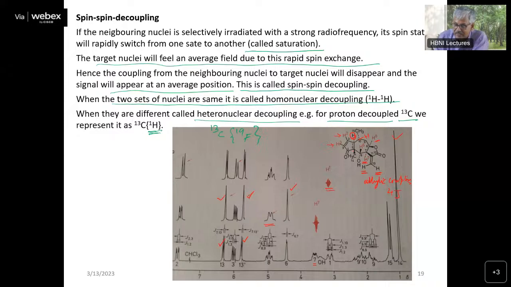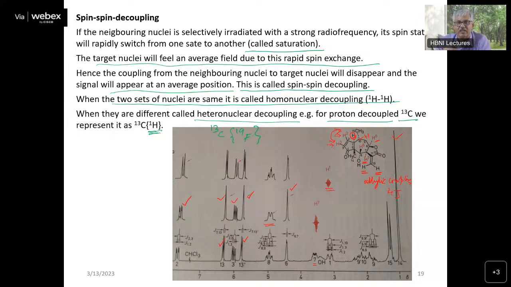You can see that if you irradiate that, these 4 lines and these 4 lines are simplified as a doublet, because now these two will couple to each other, only that coupling constant remains. You see these two doublets are equally spaced now, whereas a doublet of doublets structure was formed.